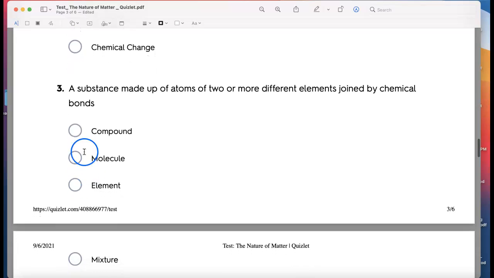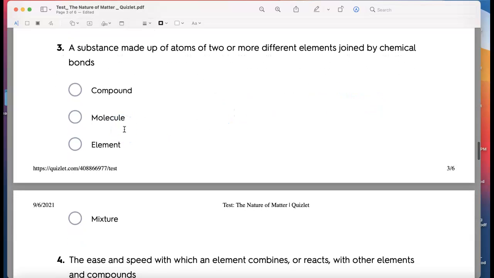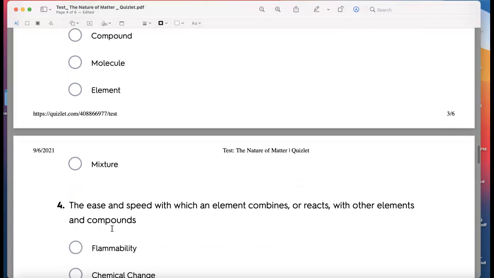Number 3. A substance made up of atoms of 2 or more different elements joined by chemical bonds. Is that compound, molecule, element, or mixture? Please mark whatever circle you believe is correct.